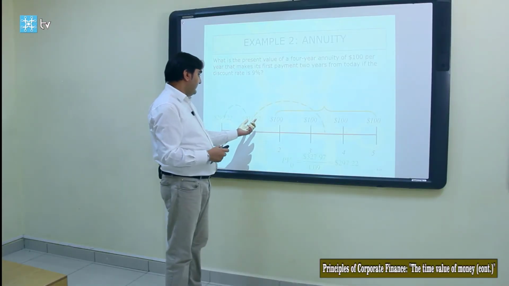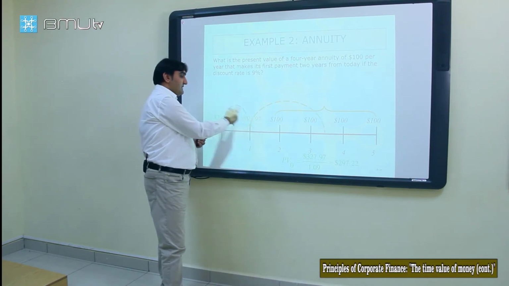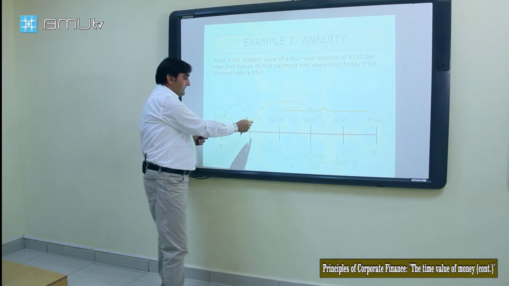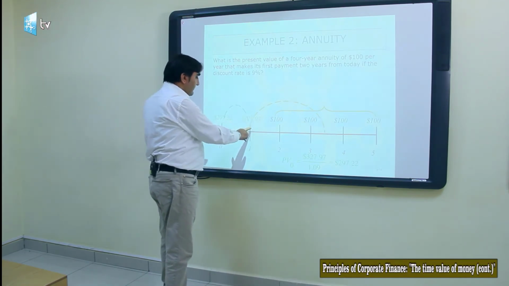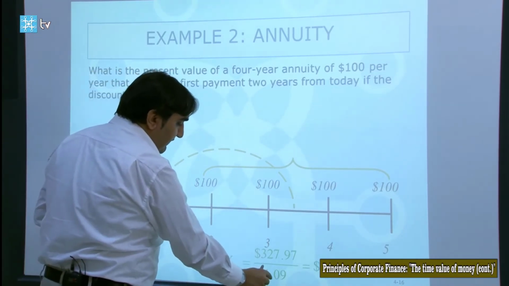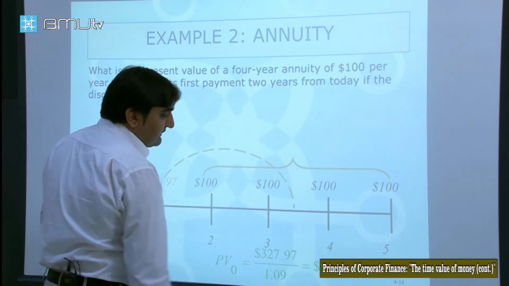Since we are at time 0, we need to bring this number back. We need to rediscount this 323.97, which is at time 1. We again discount back to time 0, divide by 1.09.